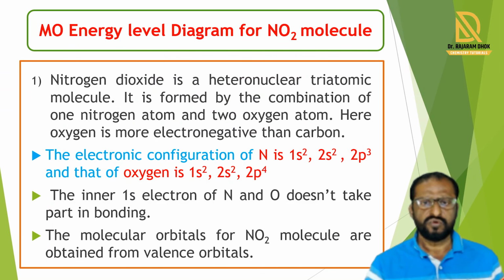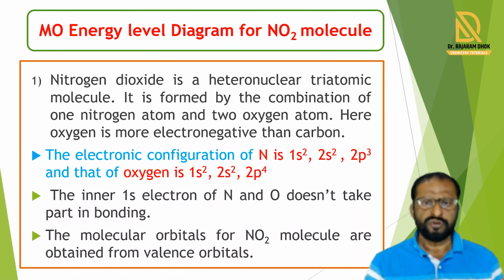In the NO2 molecule, that is nitrogen dioxide, this NO2 molecule is a heteronuclear triatomic molecule and it is formed by the combination of one nitrogen atom and two oxygen atoms.